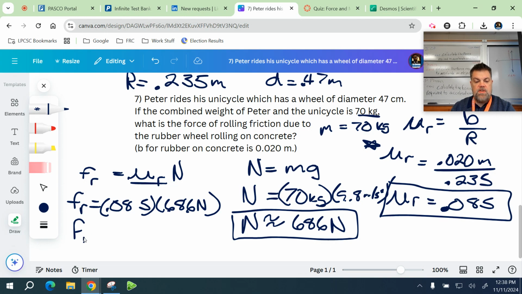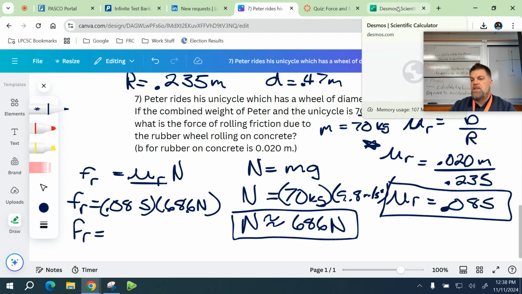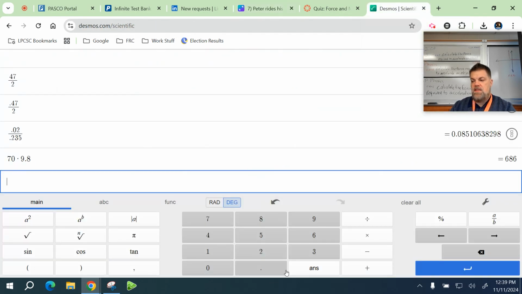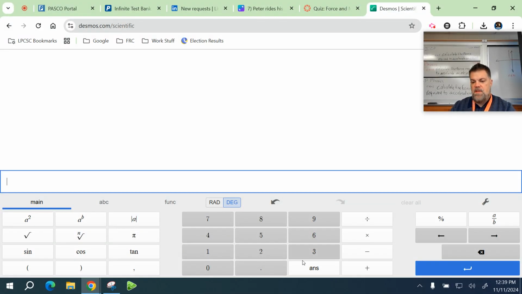And so the rolling friction force is going to be... whoops. Clear. Let me do it in order. It's going to be 0.085 times 686.